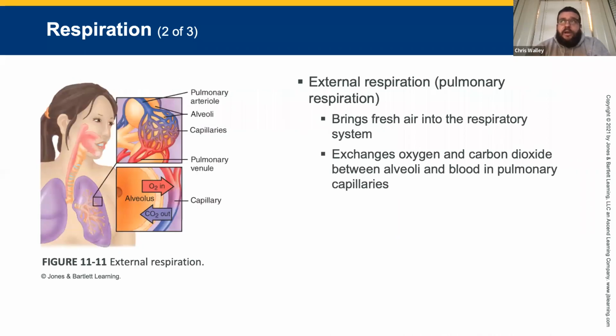So here, let's see, it talks about good oxygen coming in. Oxygen's coming in, and CO2's coming out from the capillaries into the alveoli. You can see the good oxygen represented here in red, and it's trying to push out the CO2, which is going to exchange out through the nasal or oral passage.